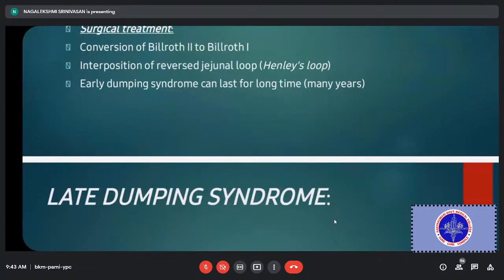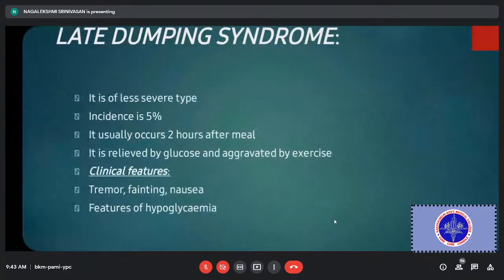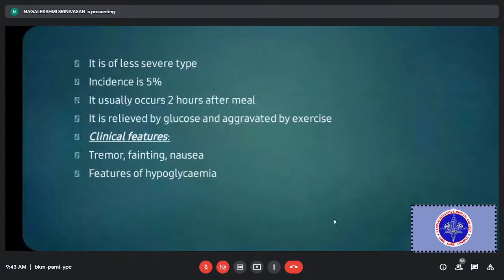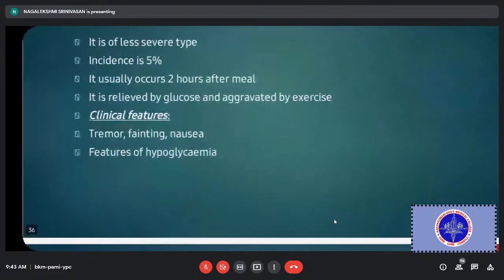So late dumping syndrome is of a less severe type, incidence is only 5%, usually occurs 2 hours after taking food, and it's relieved by glucose and aggravated by exercise. The features are tremor, fainting, and nausea, and this is because of hypoglycemia.